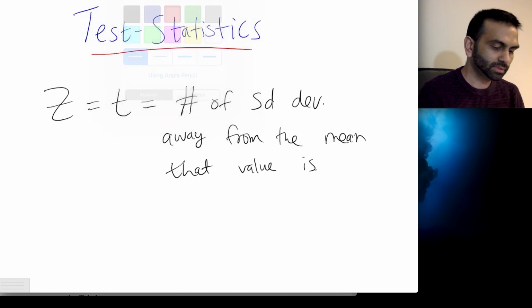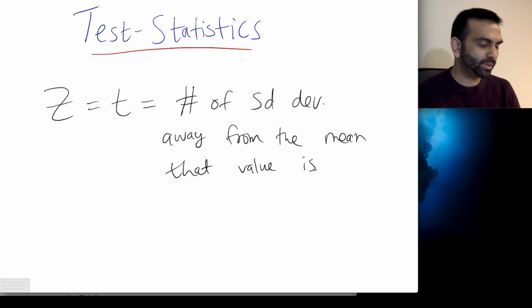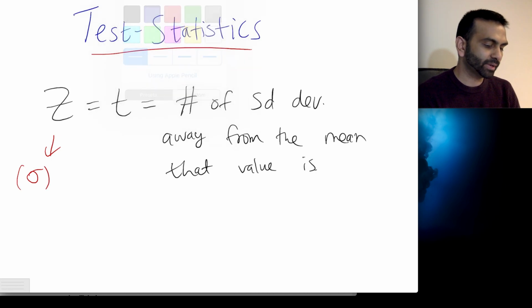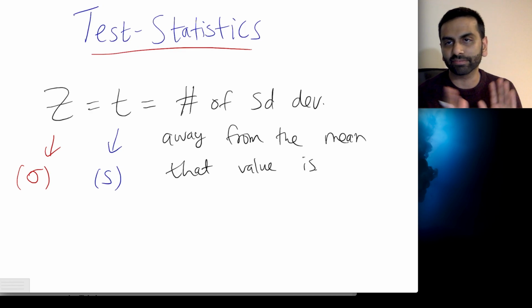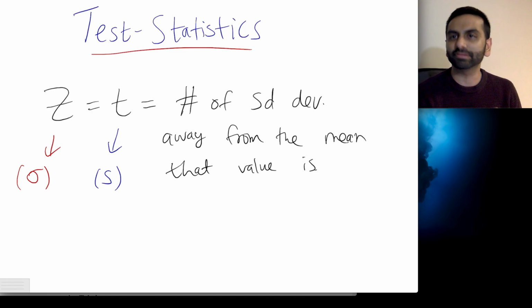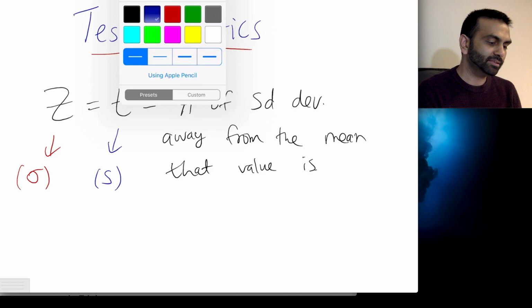So the difference, by the way, between them is Z is what it is when you use sigma, and T is what it's called when you use your sample standard deviation S. That's the only difference. Other than that, they mean the same thing. So before the formula, let's just think about it.